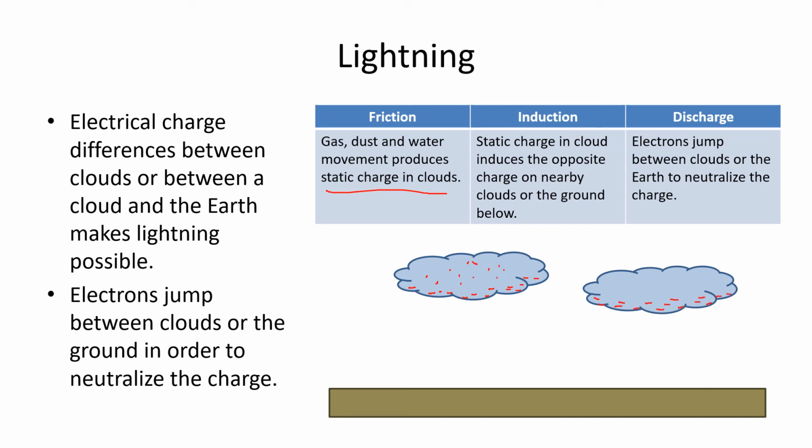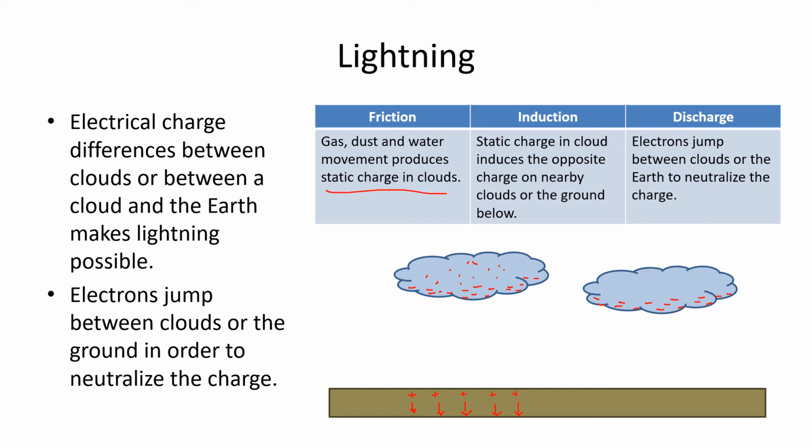Because there's so much of this charge, it can act as an induction to the ground below. So if this is all negative, that means that the electrons at the surface of the ground will be repelled away, and that'll produce a surface underneath the cloud that is positive.